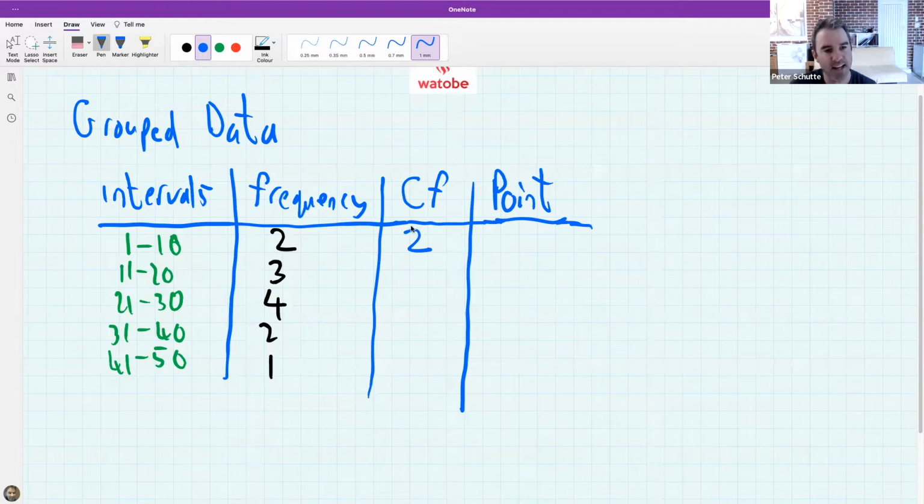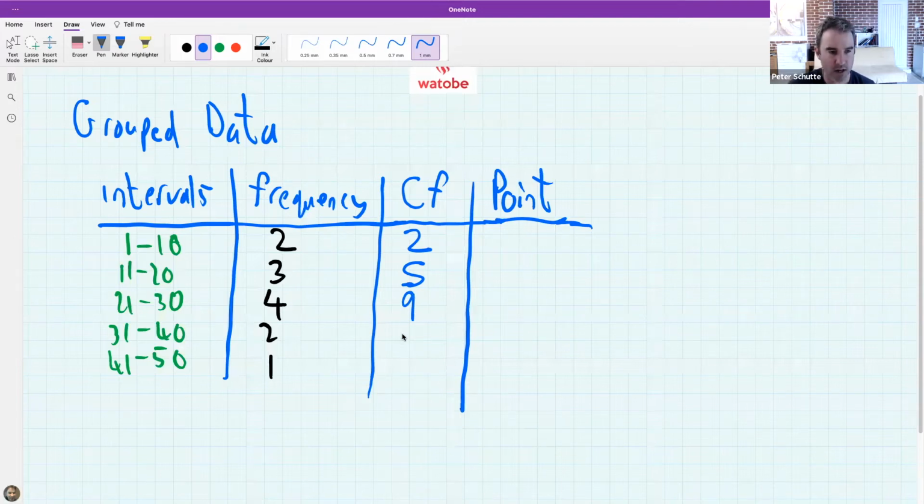But when we want to get the cumulative frequency for the second row, we have to count not just what we have already, but what's occurred after it. And so we would get 5. What that says is from 1 to 20, we've had 5 values that have occurred. Then if we go to the next row, the cumulative frequency would be 9.